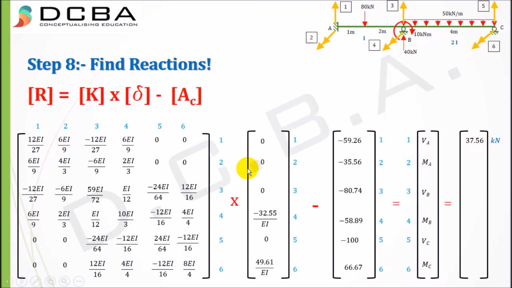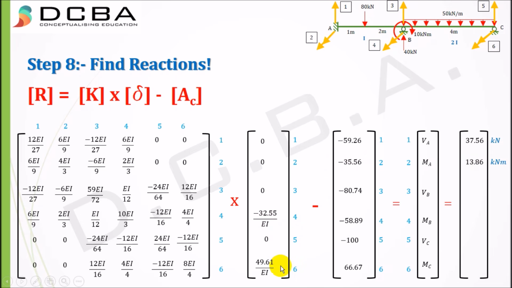Again, second row, this column, so fourth element into this, sixth element into this. The fourth element is 2EI by 3 into minus 32.55 by EI minus minus 35.56, you get 13.86 kilonewton meter.